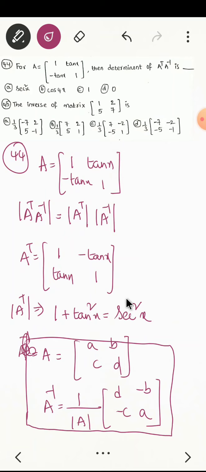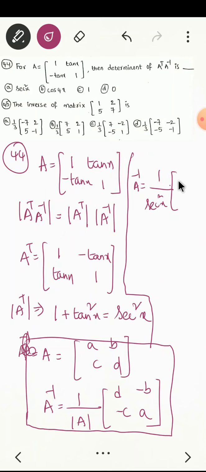Now by using that formula, A inverse is equal to 1 by det A, which is 1 plus tan square x, that is secant square x, into the matrix with D as 1, A as 1, minus tan x, and tan x.